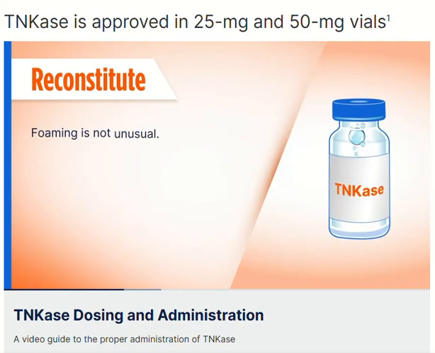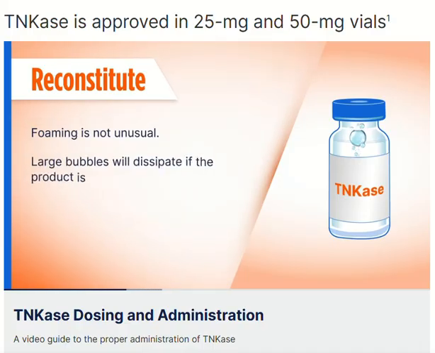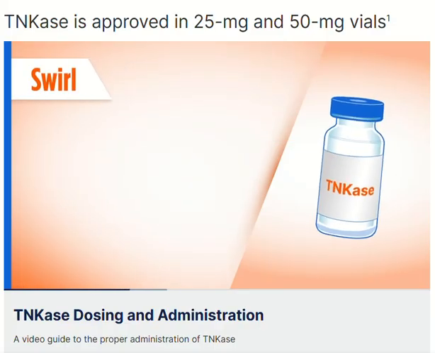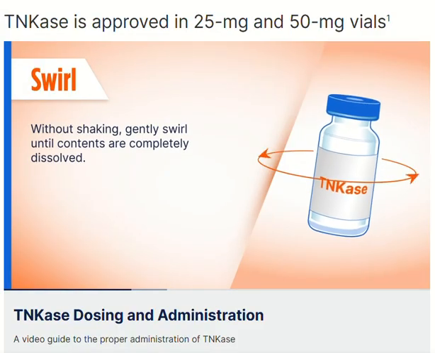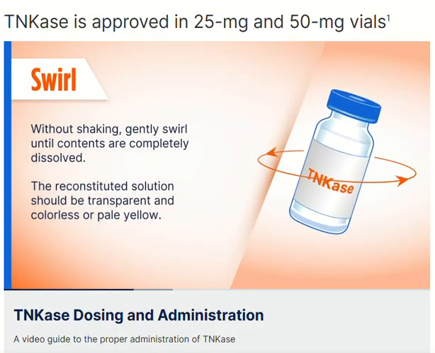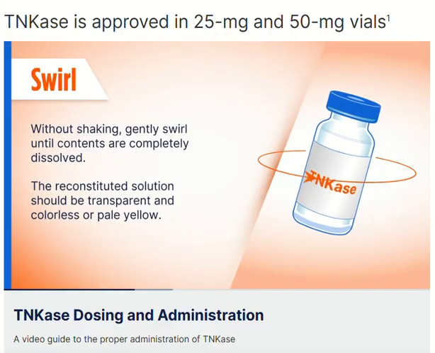Slight foaming upon reconstitution is not unusual. Any large bubbles will dissipate if the product is allowed to stand undisturbed for several minutes. Without shaking, gently swirl until contents are completely dissolved. The reconstituted solution should be transparent and colorless or pale yellow.